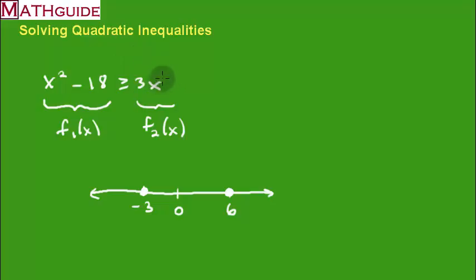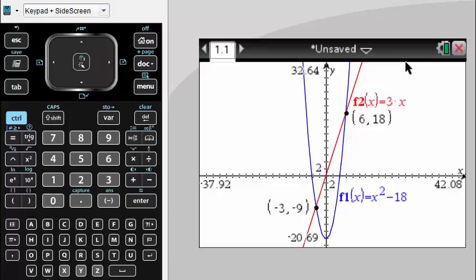Let's look at that. If you look closely at this graph, you'll notice we have the curve and those critical values, and between the two critical values, the quadratic, the blue curve, is lower than the line. That's not what I want. I want to know where the quadratic is greater in height than the line.